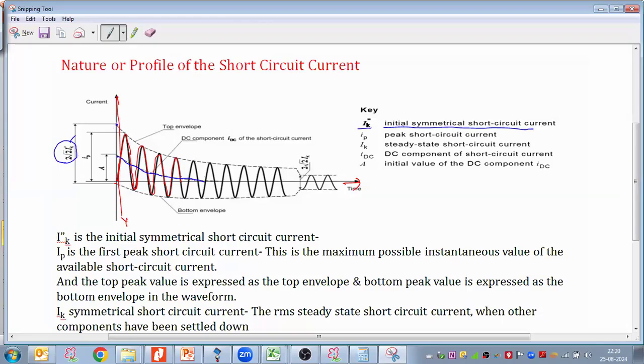So we can find out at this instant what peak is coming, taking this 2 into Ik double dash, and then after a few milliseconds here I can see what the peak is. Ip is the first peak short circuit current. This is the first peak short circuit current. This is the maximum possible instantaneous value of the available short circuit current.